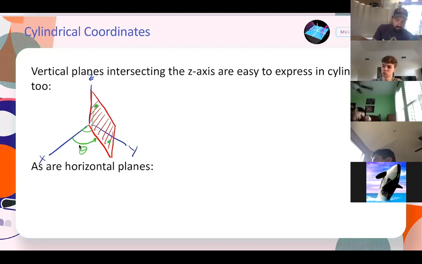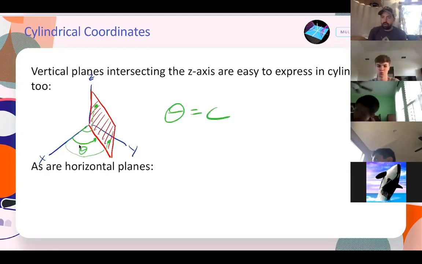I could get out here by going some r out, some theta around, and up z. But notice the thetas are all going to be the same at every single point. So this is going to be theta equals a constant. If I were to graph theta as a constant in cylindrical coordinates, I'm going to get a vertical plane going through the z-axis.